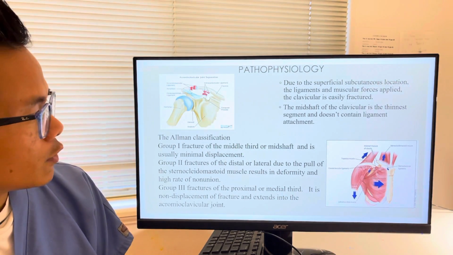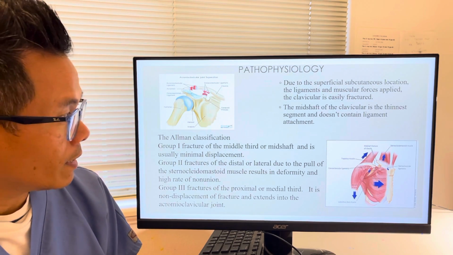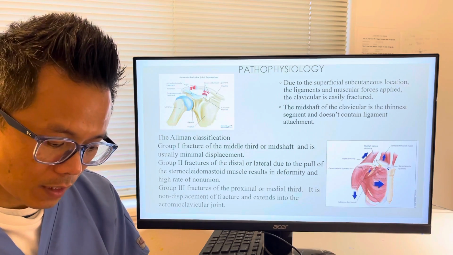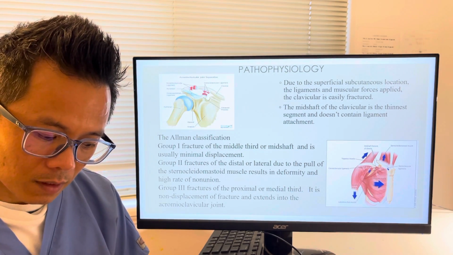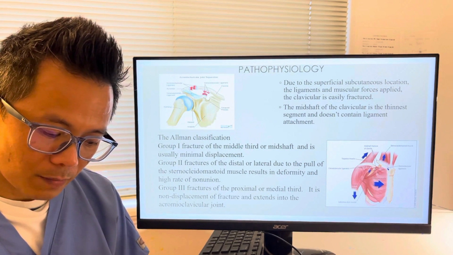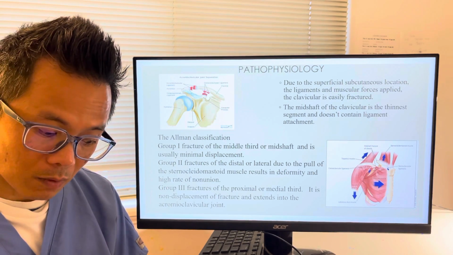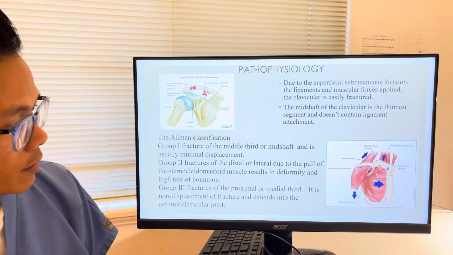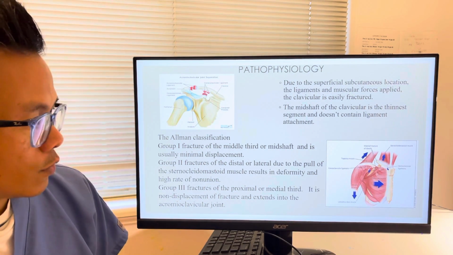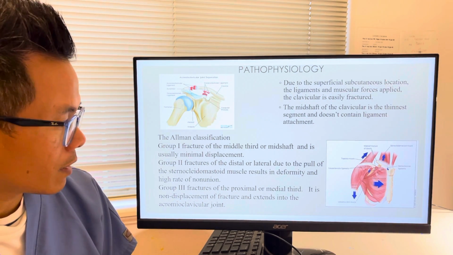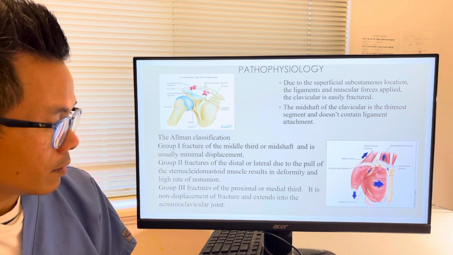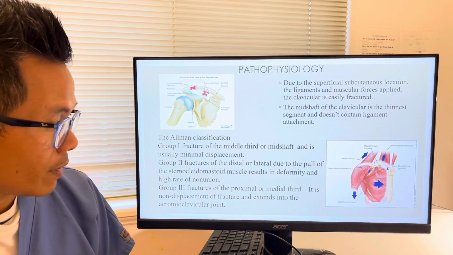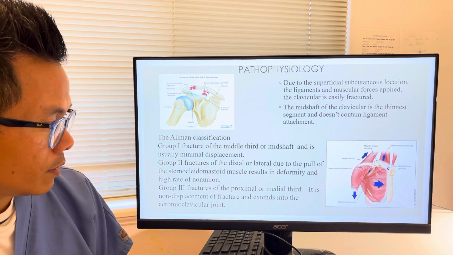We can divide fractures into three different groups using the Allman classification: group 1, group 2, and group 3. Group 1 usually occurs in the middle third, the mid-shaft, with minimal displacement. Group 2 fracture is usually at the distal or lateral part, due to the pull of the sternocleidomastoid muscle, and can result in deformity and a high rate of non-union.